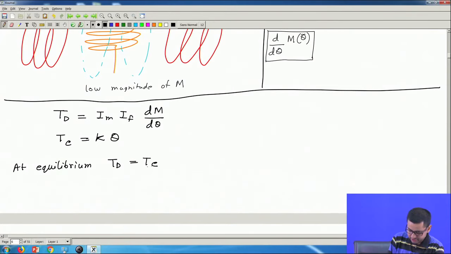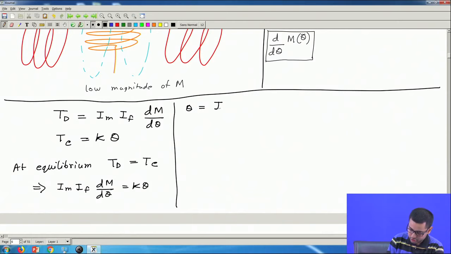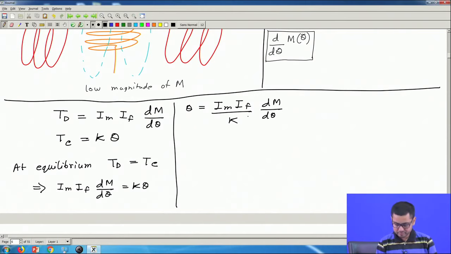Td will be equal to Tc, which means Im If dM d theta will be the same as k theta, which means theta is equal to Im If dM d theta divided by k. So, the angle of the coil is proportional to the product of the two currents Im If, and these are the proportionality constants.